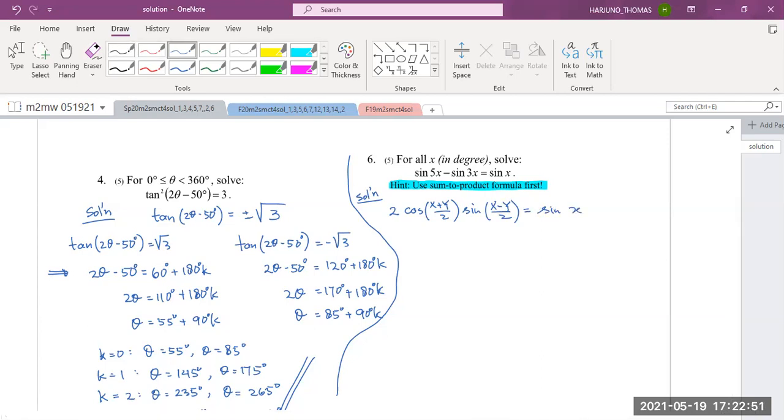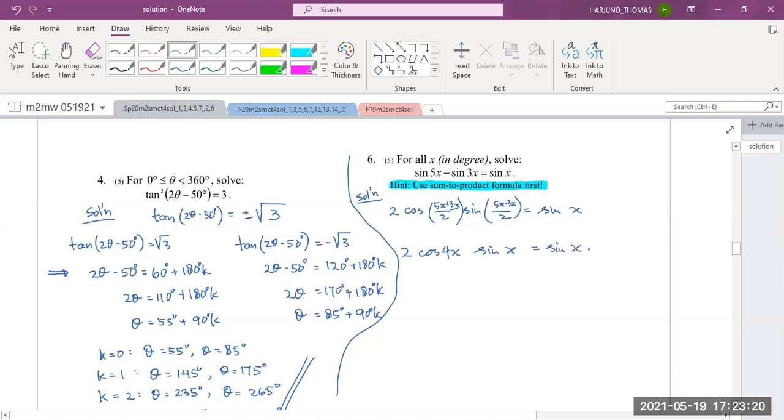So x plus y becomes 5x plus 3x, and this is 5x minus 3x. So this is 2 cosine 4x sine x equals sine x.